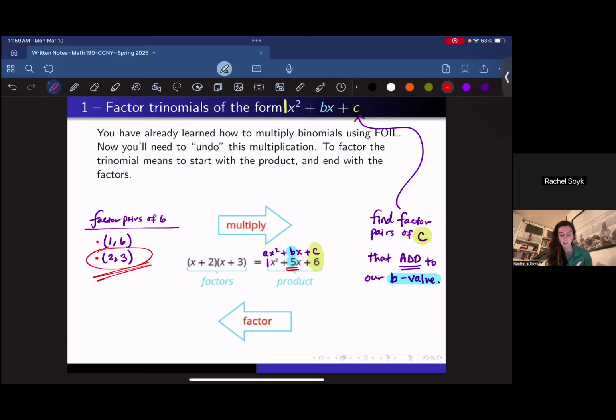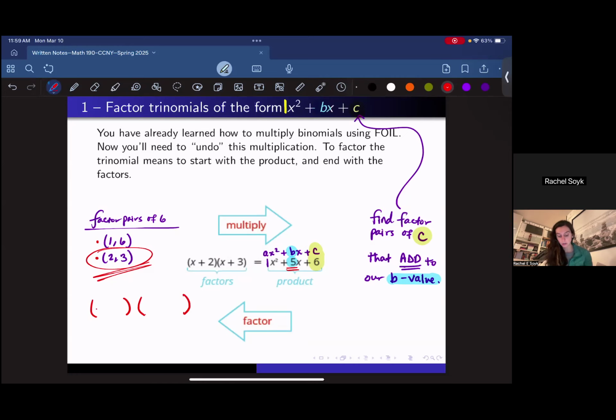That gives us the numbers that we are going to insert into our placeholders, which in any x squared plus bx plus c problem, you're always going to have this form.